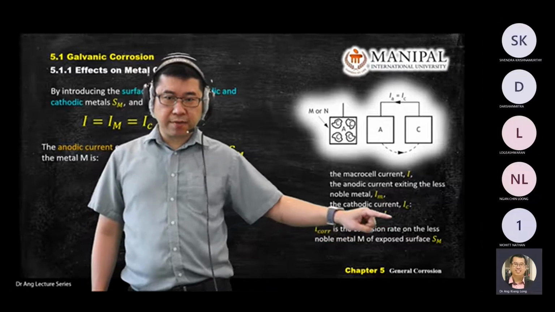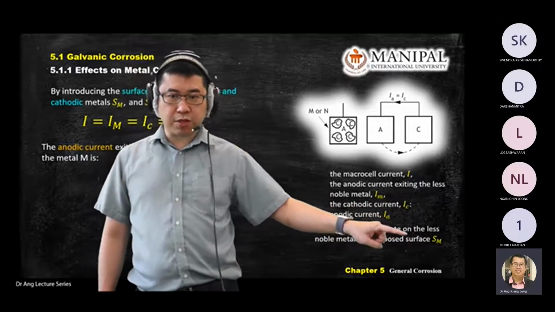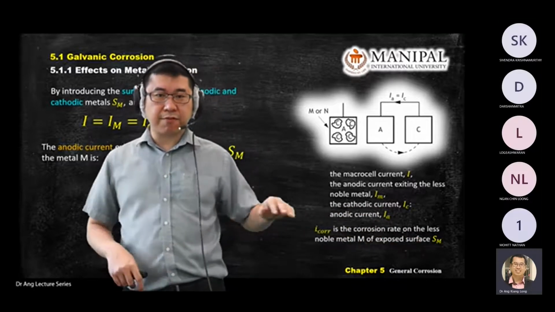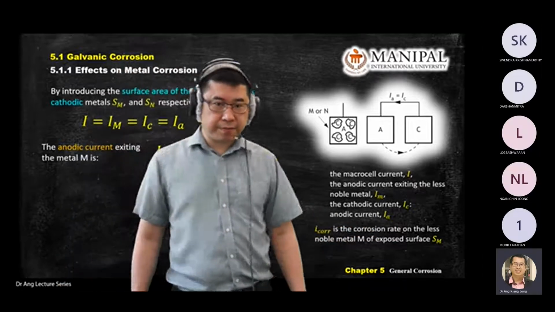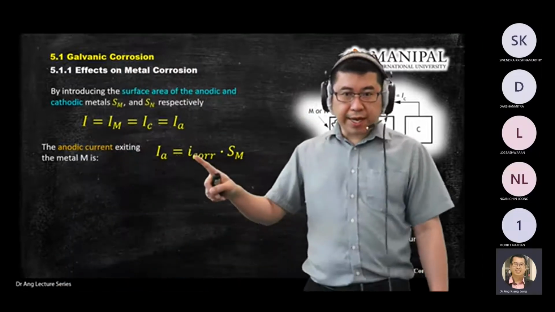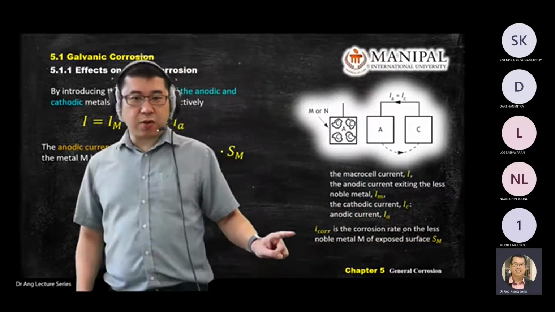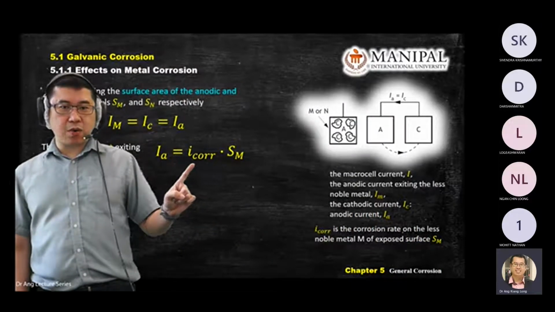Corrosion rate on the less noble metal M that is exposed to the surface, the surface of the less noble. So I here is not current, but I corrode, I sub CORR.